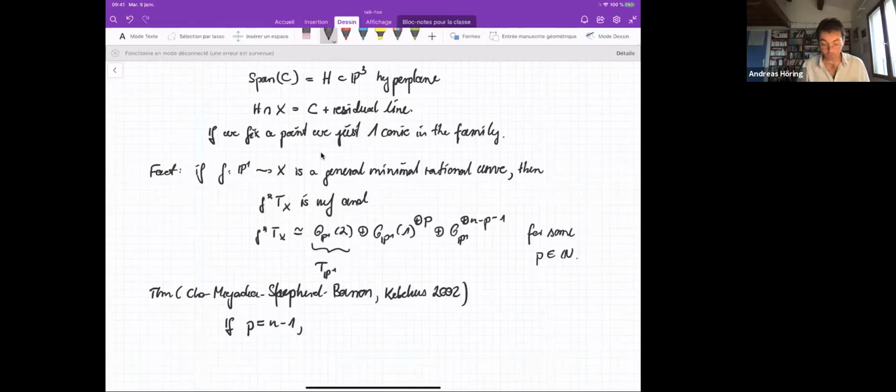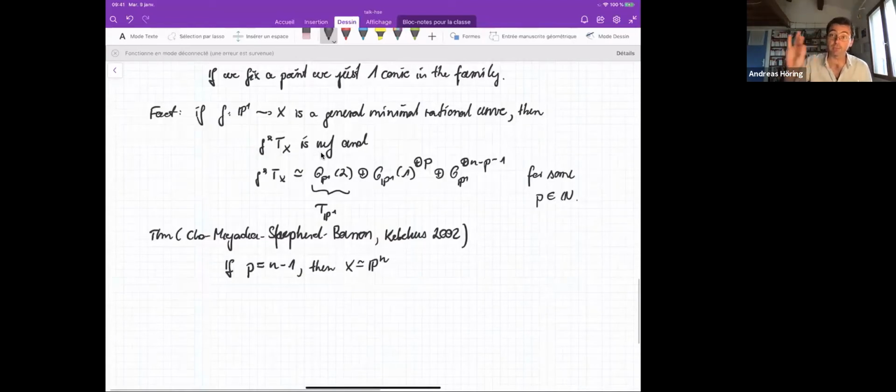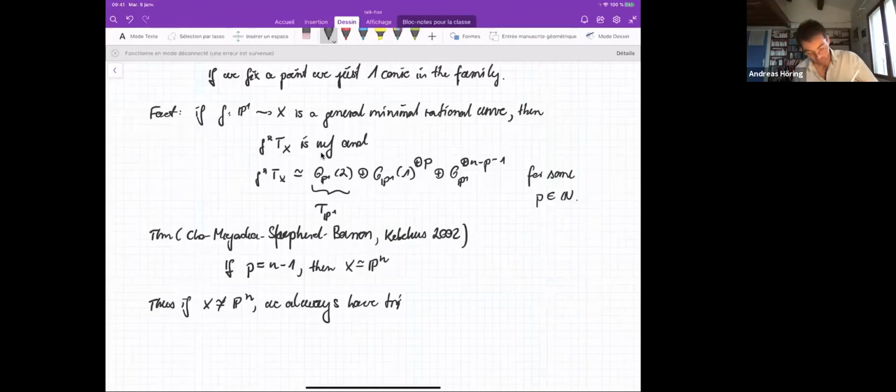So in particular, if I'm not the projective space with this family of minimal rational curves, I will always have these trivial quotients. Thus, if you're not the projective space, then we always have trivial quotients.